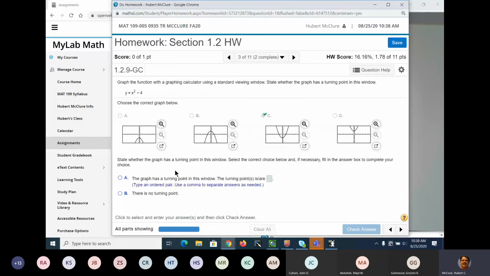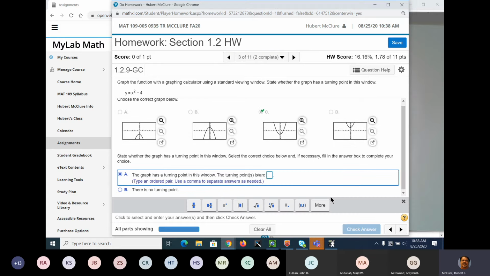State whether the graph has a turning point in the window. Select the correct choice. Well, that would be (0, -4), your turning point, because that's the vertex.